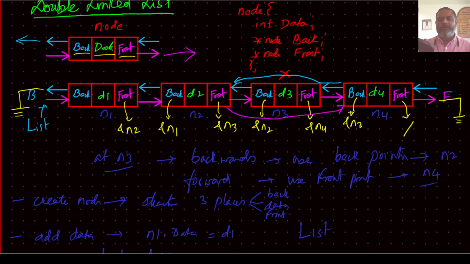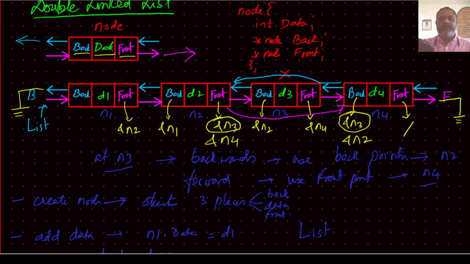So here we had written N2, now we have to write N3. Now we have to write N2. And here we had written N3, now we have to write N4. From where do we get this?